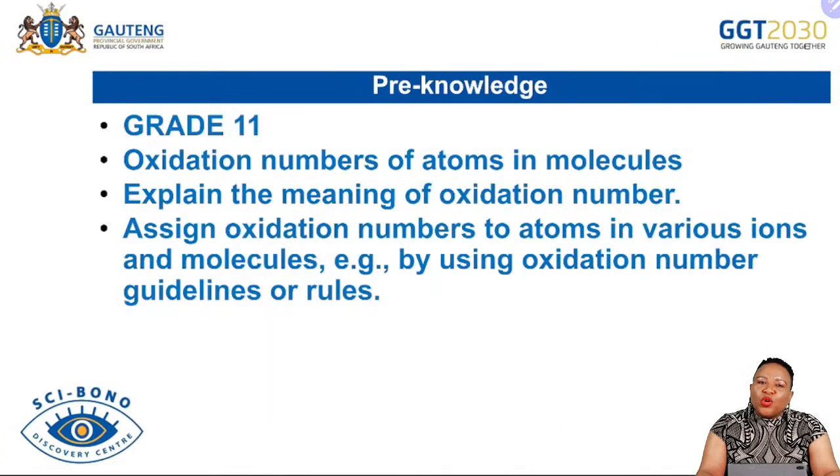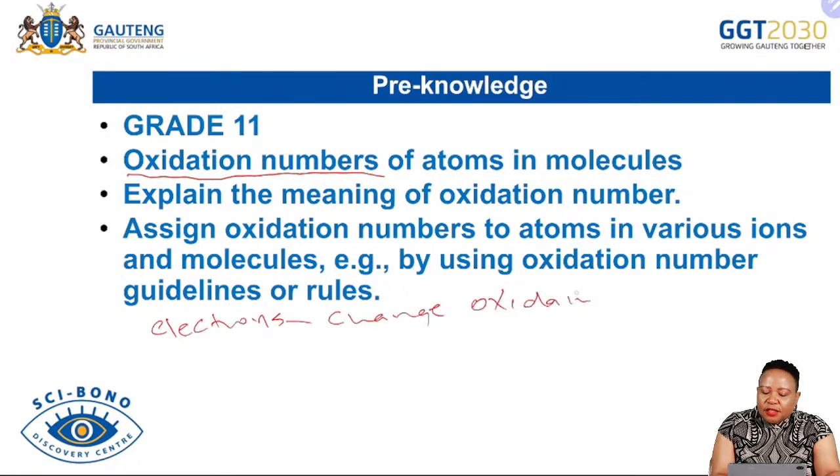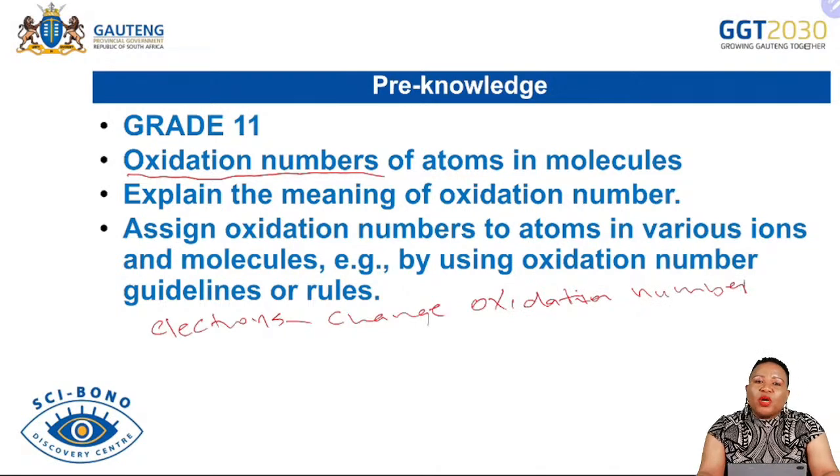Now, we also know that in grade 11, we dealt with oxidation numbers. We need to know the change in oxidation numbers, because when electrons are transferred, there must be a change in oxidation number. Therefore, if the oxidation number doesn't change, it means the electrons are not transferred. We need to see whether the oxidation number of a substance has increased or decreased.